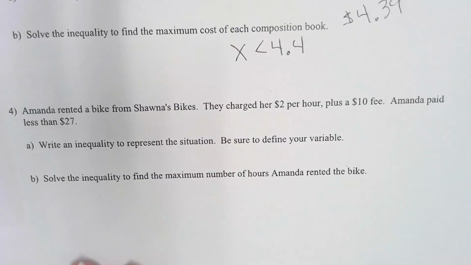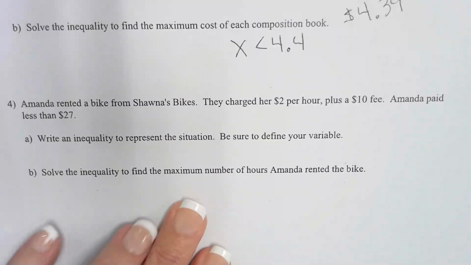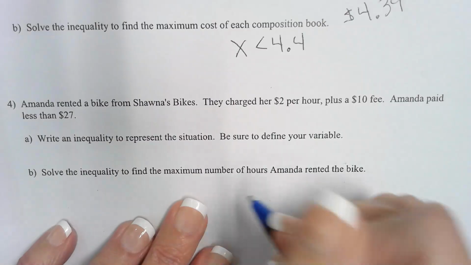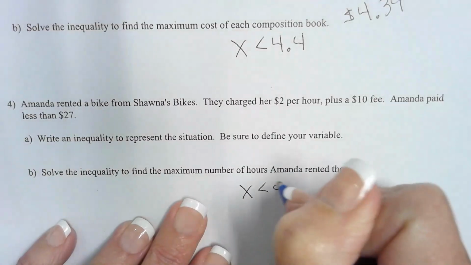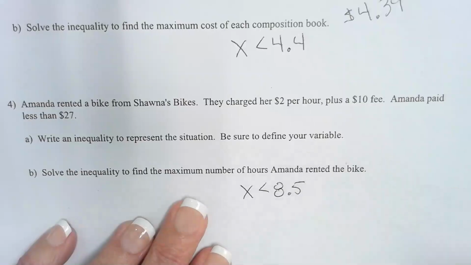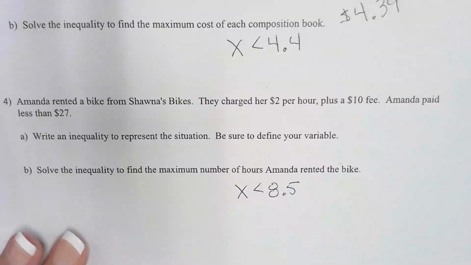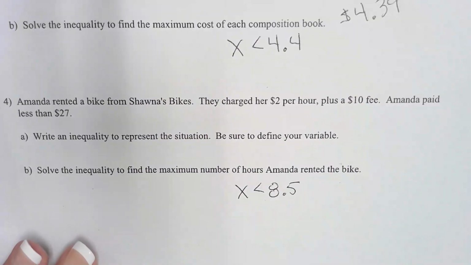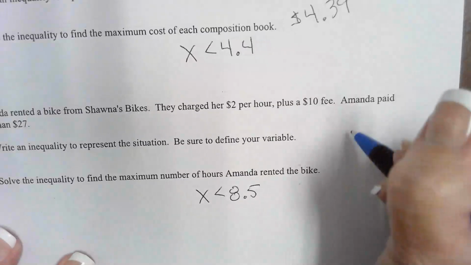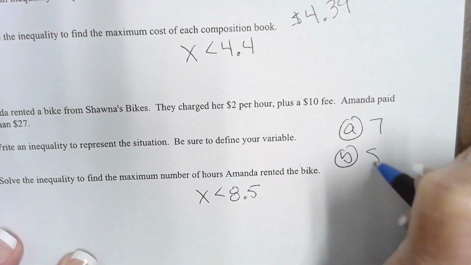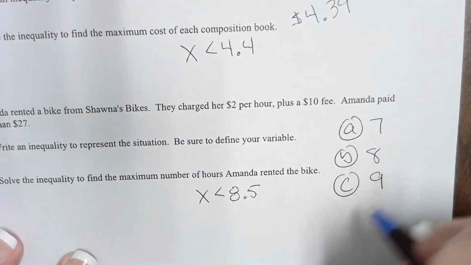Number 4 says, solve the inequality to find the maximum number of hours Amanda rented a bike. And we've got x is less than 8.5 as our answer. The maximum number of hours. 8.49. We could say 8.5 hours, but what if your answer choices were 7, 8, 9?